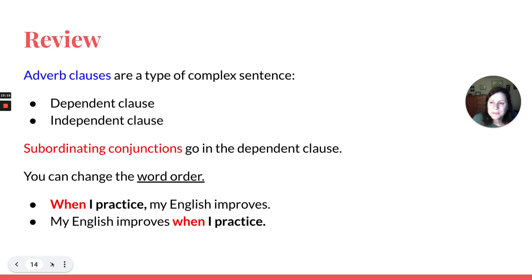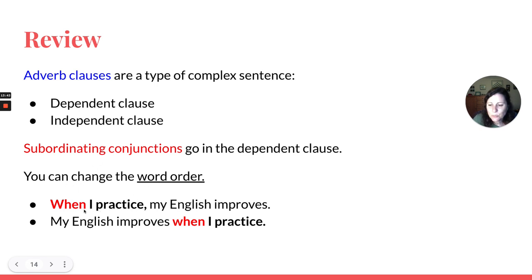Let's review what we learned. So basically, adverb type clauses are a type of complex sentence, and complex sentences are different from compound sentences because complex sentences have a dependent clause that's not finished and an independent clause. Subordinating conjunctions go in this dependent clause, and they're words like when or if or even though.